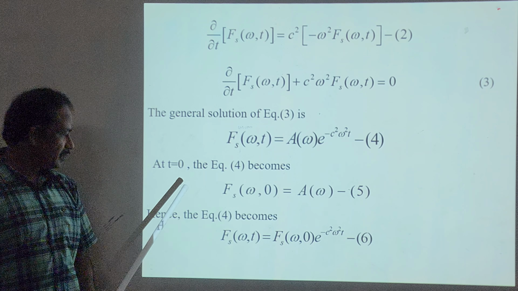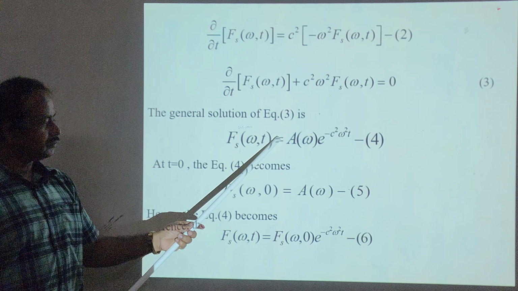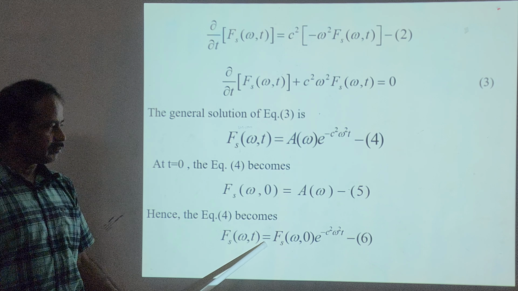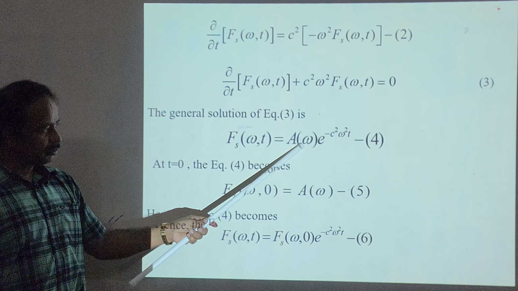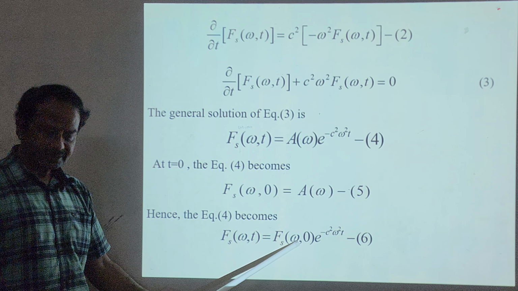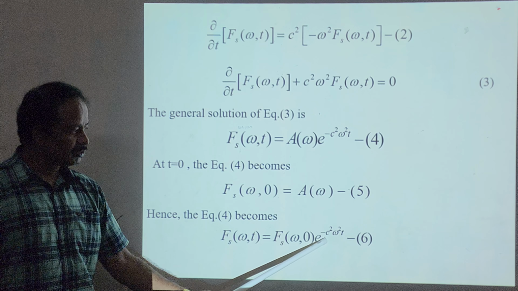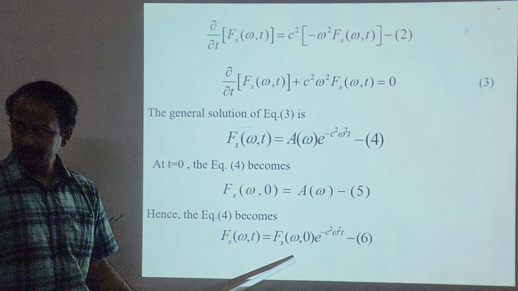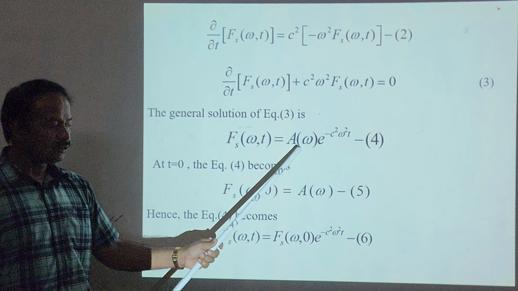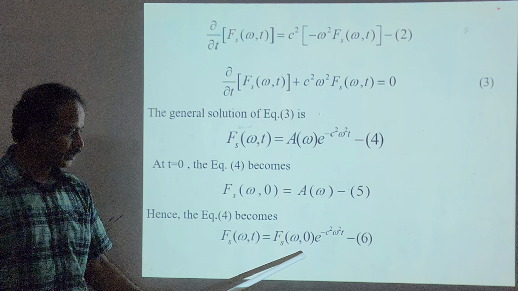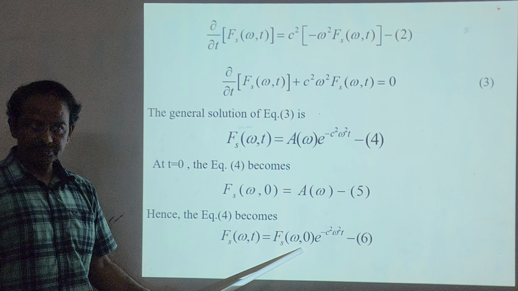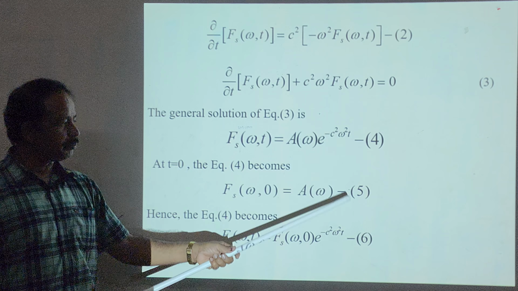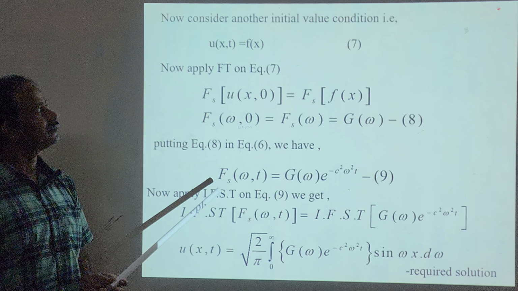Hence equation 4 becomes F_s(omega, t) equals, instead of A(omega), F_s(omega, 0) e power minus c squared omega squared t. I have replaced A(omega) by F_s(omega, 0). Very simple one. So equation 4 becomes equation 6, exactly like this.